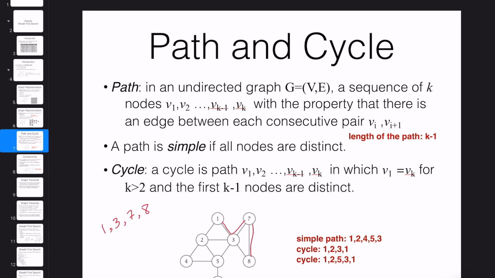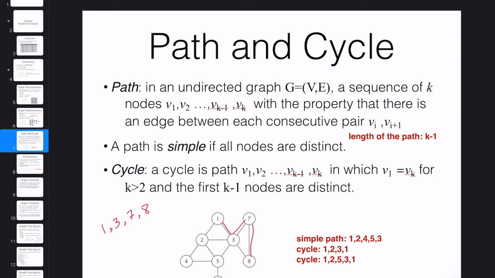We usually only call simple paths a path, because you can have a path that has some cycle in it. But when we call something a path, we usually look for a simple path. So what is a simple path? In a simple path, none of the nodes are repeated. So in your sequence, all of the nodes should be distinct, and it means that there is no cycle in your path.